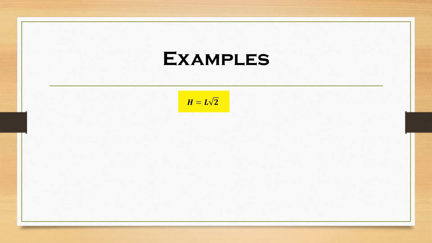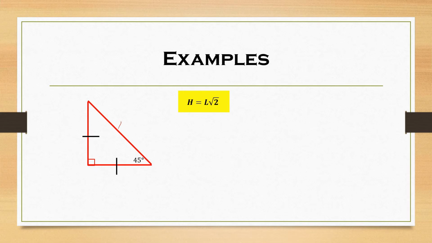Let's have some examples. We have here h is equal to leg times the square root of 2. Ito yung ating given na triangle. Kung sa given triangle wala yung markings, okay lang as long as nandito yung ating angle.